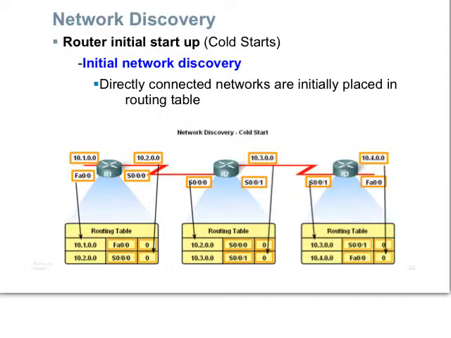Okay? So this is the startup snapshot. This is the beginning of the network, which is what they call cold start. Cold start meaning network discovery. Each router will discover only the networks that are directly connected to it.